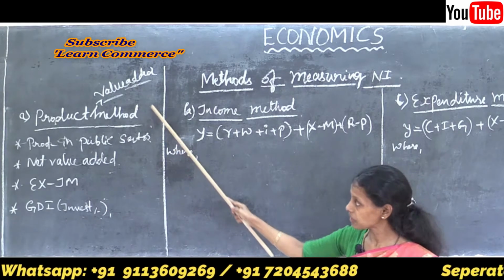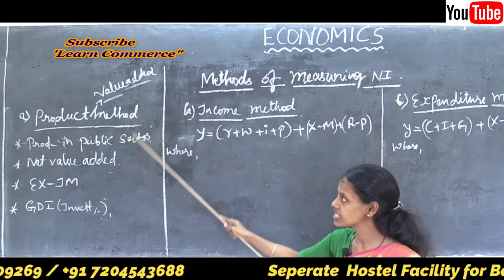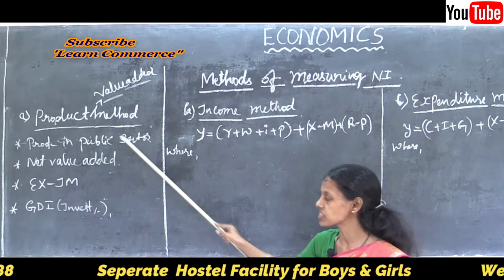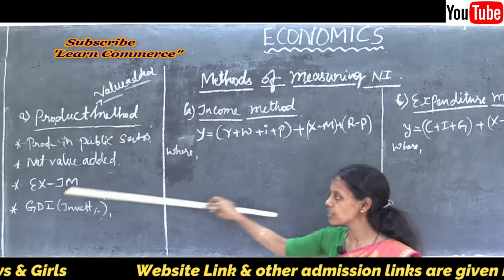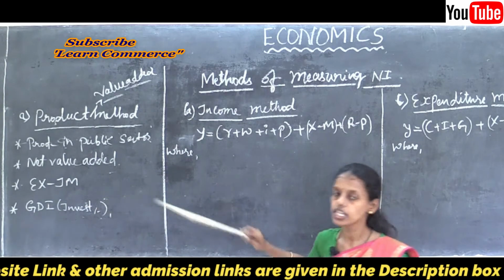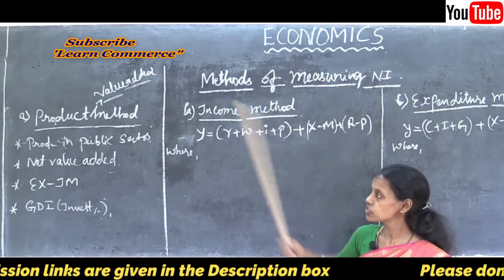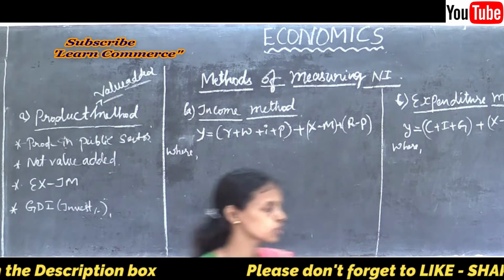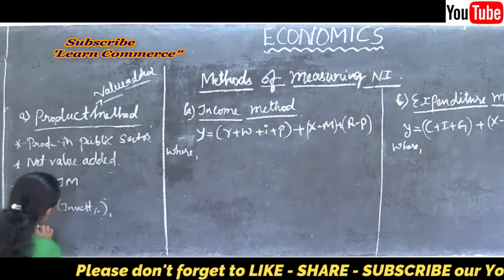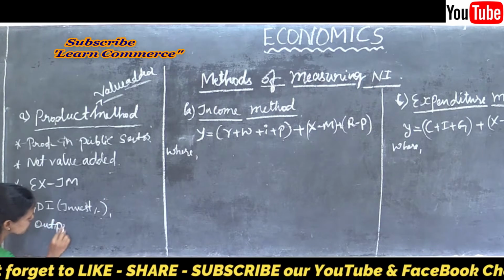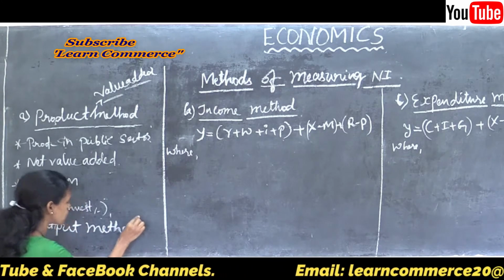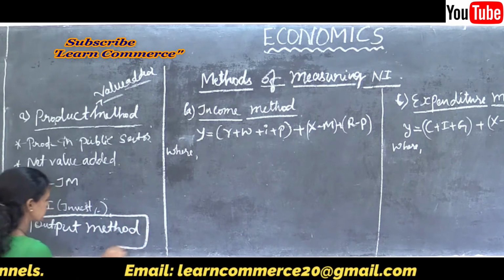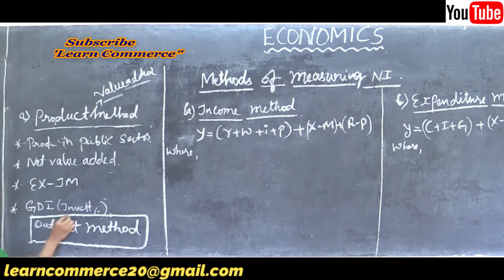Thus this product method includes all these four things: production in the public sector, net value added in all the sectors, export minus import values, and gross domestic investment in the country. Together it is called the output method to calculate national income.